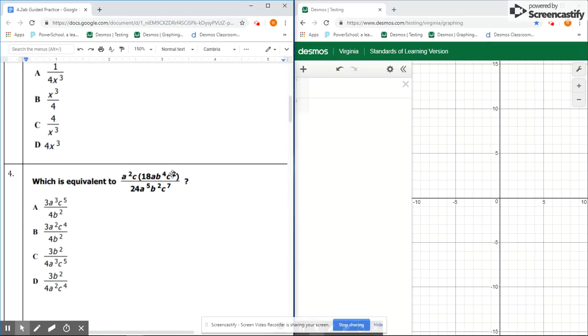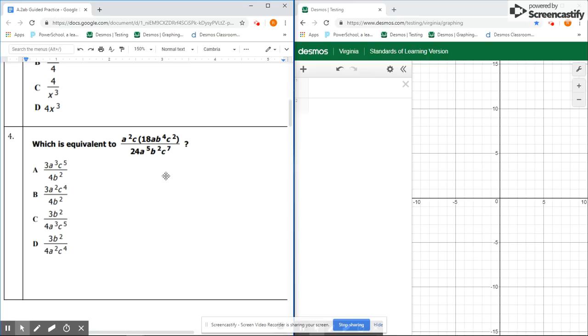Okay, and last one here on this page, number 4. This looks very tricky and very confusing, but it is the exact same as number 1, 2, and 3. We're going to type this into Desmos. Now, this is a big fraction, okay? So the first thing we need to do is just get that fraction bar. That way we don't have to worry about any of the parentheses. So what I did is I just pressed the divide button, and that gives me the fraction bar right away, all right?